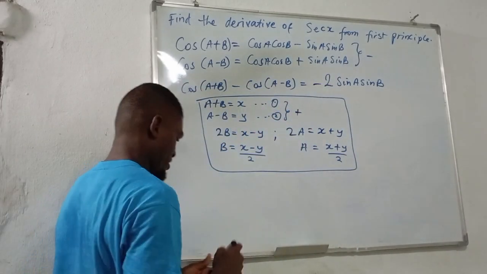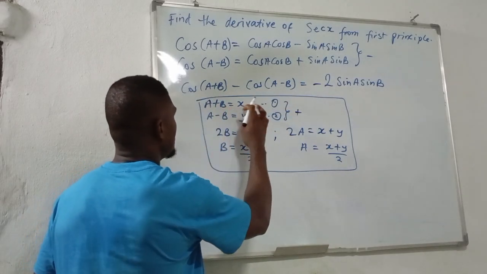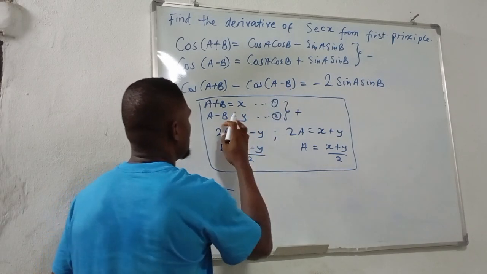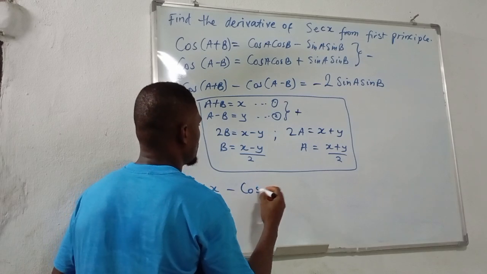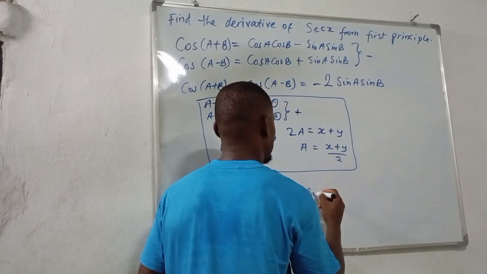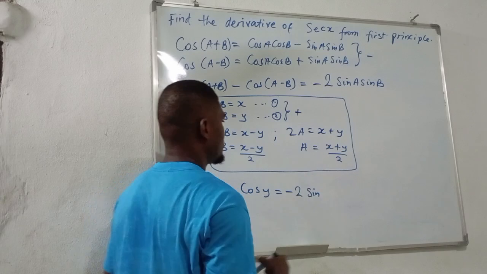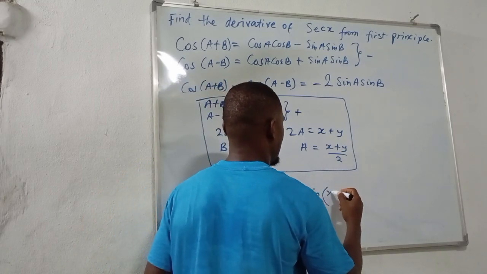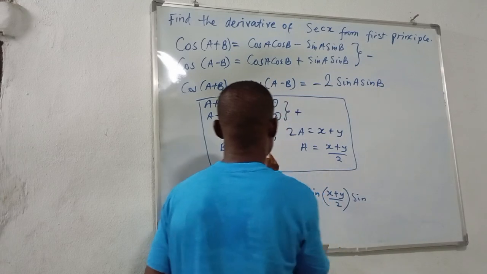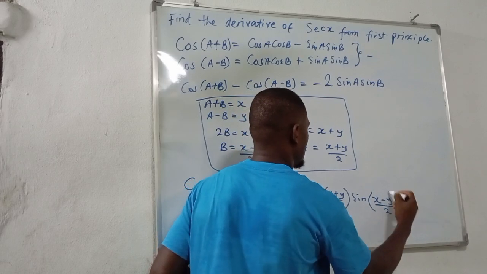Let's go back to what we have there. Now cos(A plus B) is cos X, minus cos(A minus B) which is cos Y, equals negative 2 sin((X plus Y) divided by 2), since our A is this, and then sin((X minus Y) divided by 2), since our B is this.